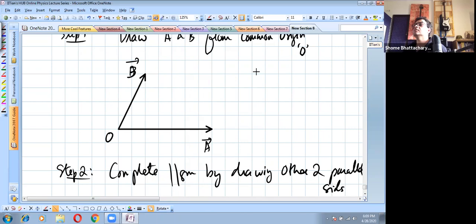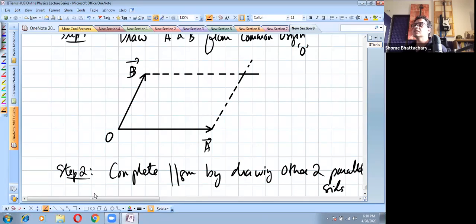So one parallel side like this, another parallel side like this. More or less it looks parallel. So I can even use a dotted line to represent this. So my step one was I picked up the two vectors A and B and drew them both from a common origin, this one. Then my second step was I completed the parallelogram by drawing the other two parallel sides.